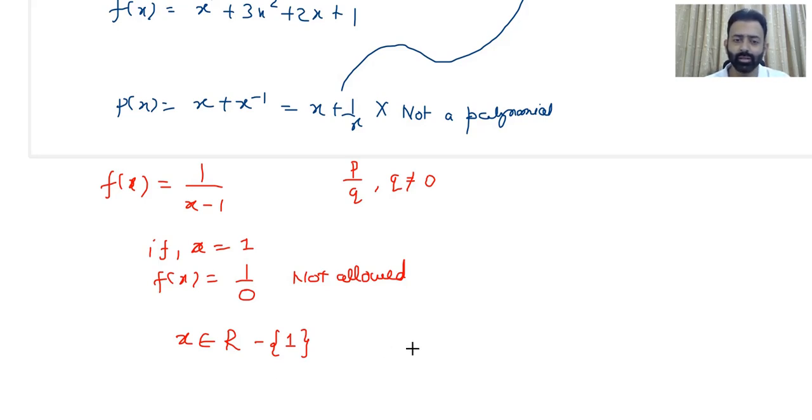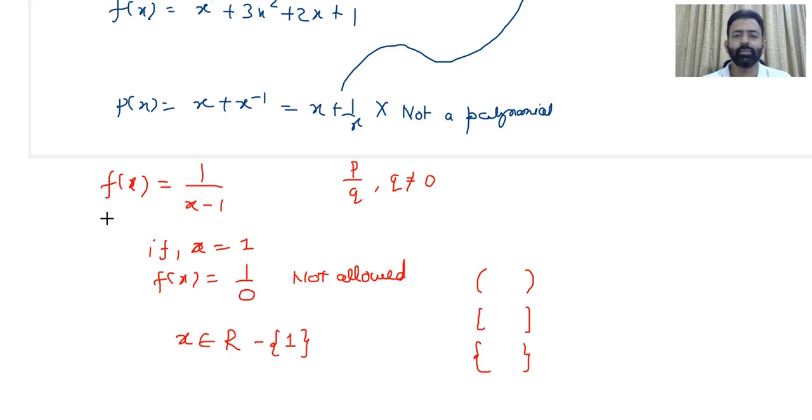I think I told you in the last class, in the previous video, the types of brackets: parentheses in which end values are not included, square brackets in which end values are included, and curly brackets are those which are for only discrete values, some particular values. Okay, so this is the domain for this particular function.